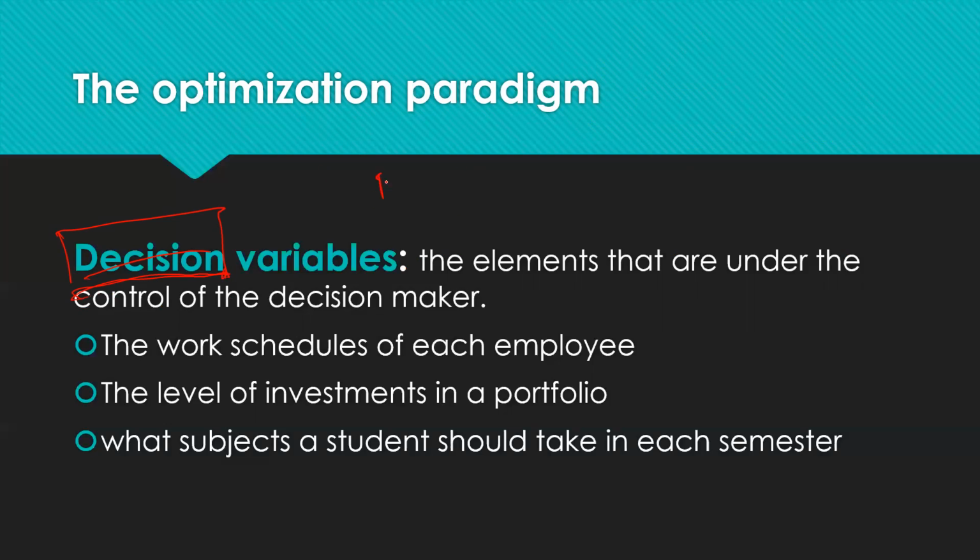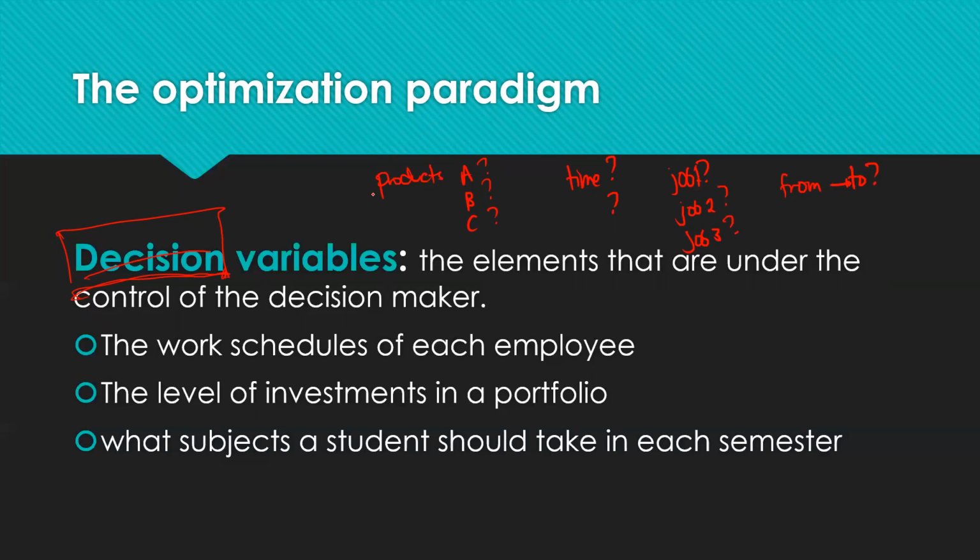For example, products: ilang product A, ilang product B, ilang product C. Ano pa? Time. Sino yung i-assign ko sa job 1, job 2, job 3. Sino yung i-allocate ko mula sa isang source, papunta sa different location.